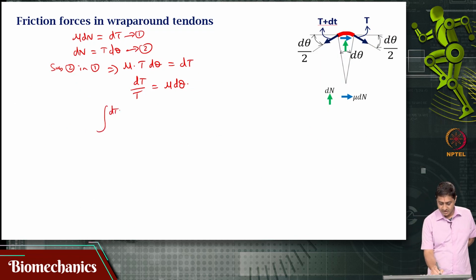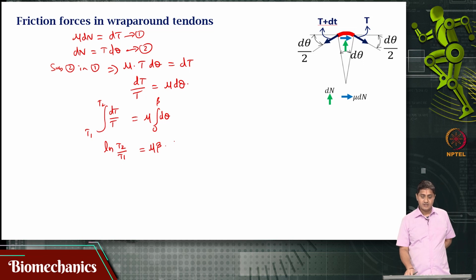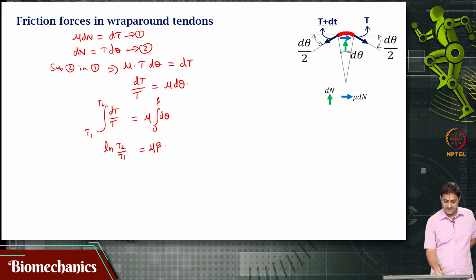Integral dT by T between the tensions T1 and T2 is equal to mu times integral 0 to beta d theta. This will give me ln T2 by T1 is equal to mu beta. Raise e to the power on both sides.